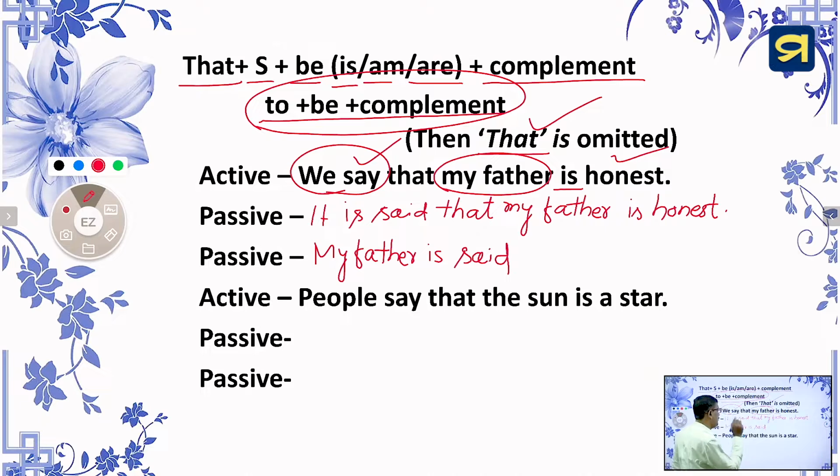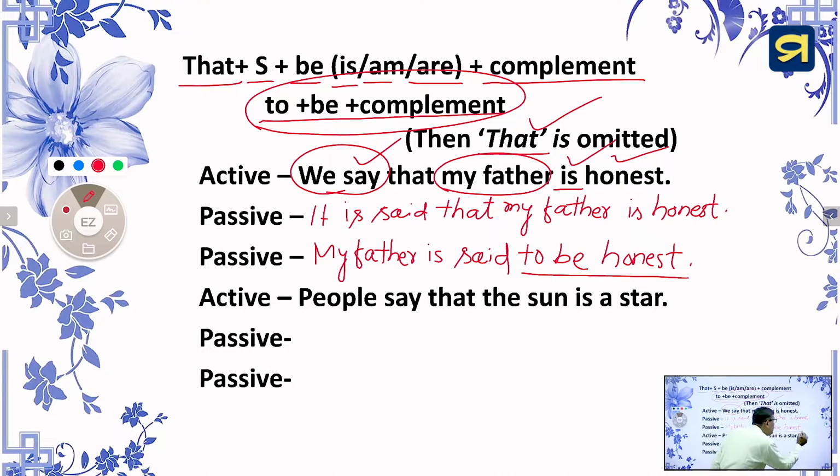My father is said to be honest. Why is "to" followed by "be" and then the complement? Because in this sentence "is" is used as a main verb followed by a complement. When "is" or "are" is used as a main verb followed by a complement, we have to use it in this manner. In this way we can change from active voice to passive voice.